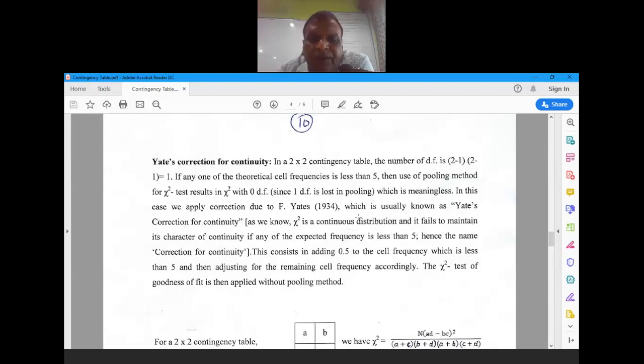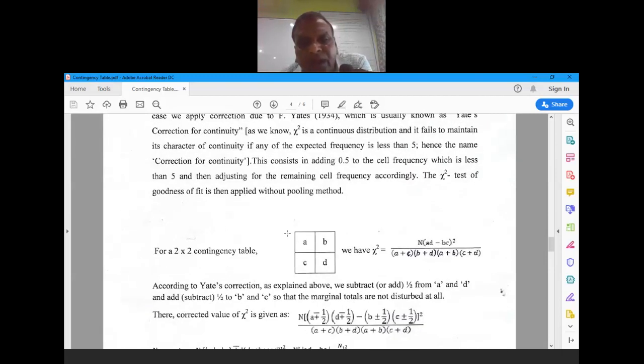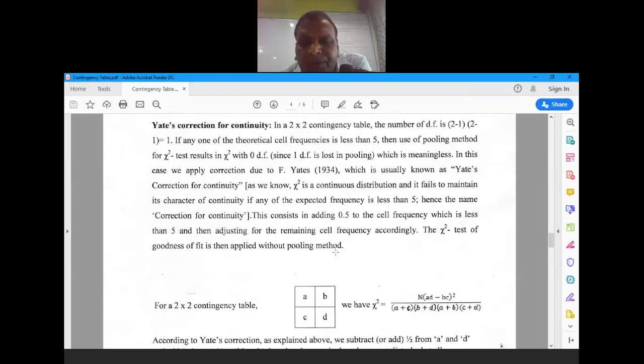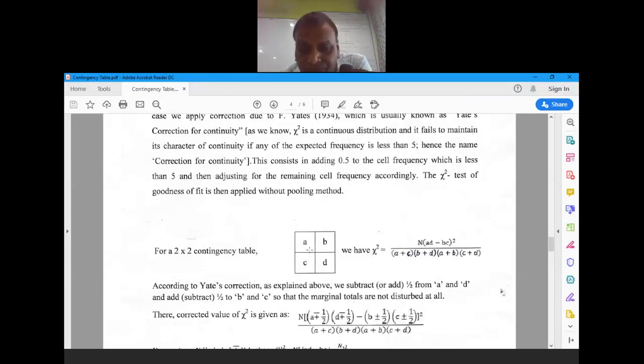So we simply add 0.5 and also subtract 0.5 in each cell. We have already discussed that in a 2 by 2 contingency table, chi-square is equal to n into (AD minus BC) whole square, divided by (A plus C) into (B plus D) into (A plus B) into (C plus D).